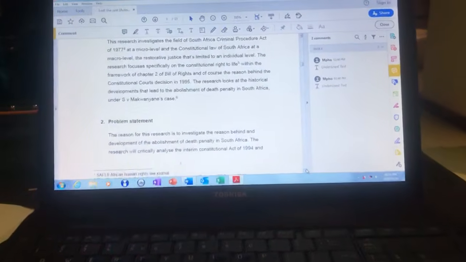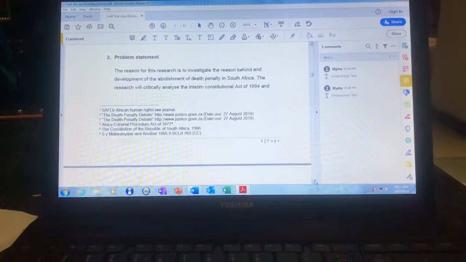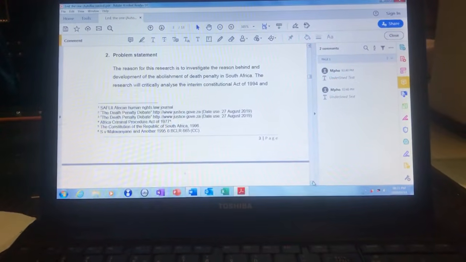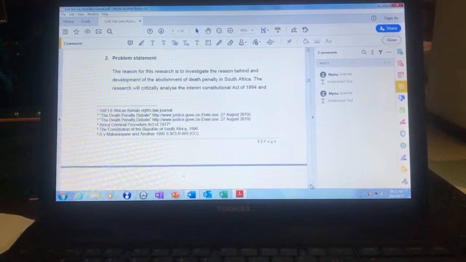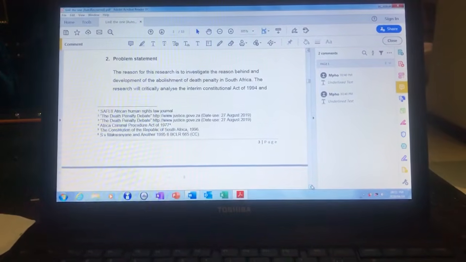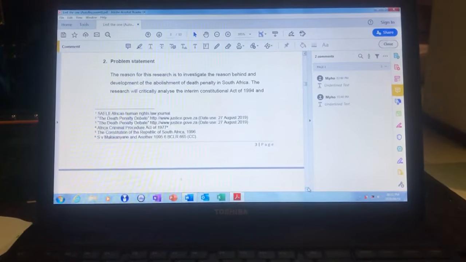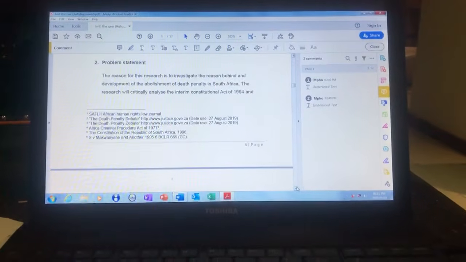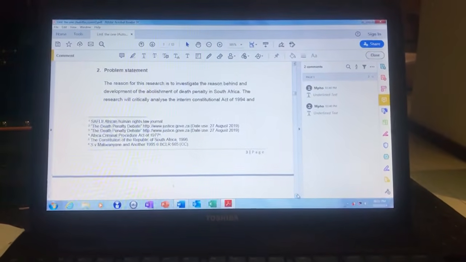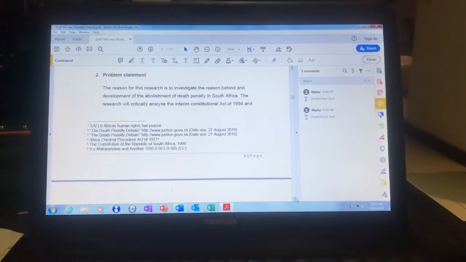I'm guessing a lot of people have got a problem with the problem statement. This is where you explain the reason for your research investigation. You need to address the issue at hand by critically analyzing it and explain what the research will include by identifying the problem that needs to be addressed through a question. These questions will assist you with your hypothesis.